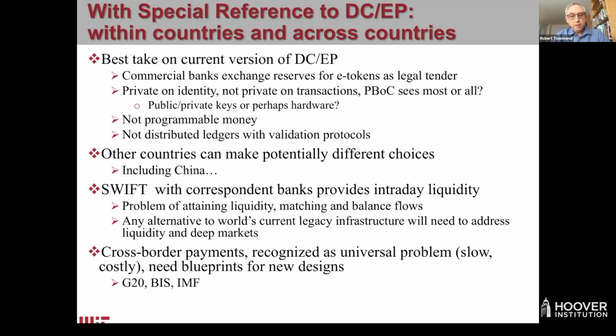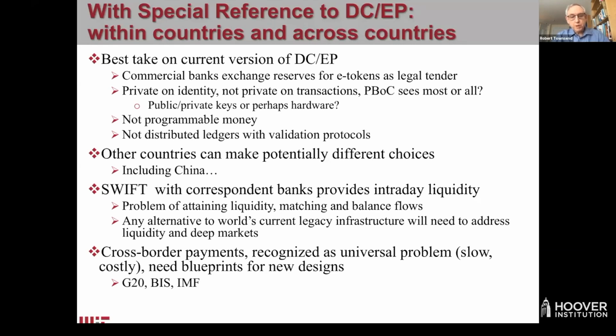There has been a decision made evidently to not focus on programmable money and not to use the quote unquote distributed ledgers if that comes with validation protocols. I want to emphasize these are China's current choices. Other countries could make potentially different choices, and China may in fact change its own system potentially.